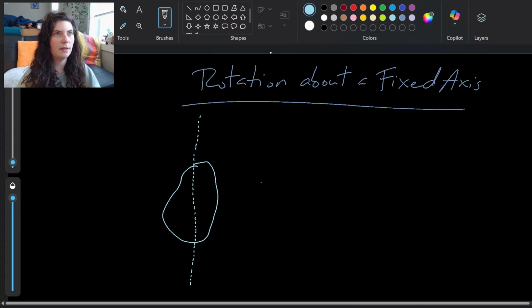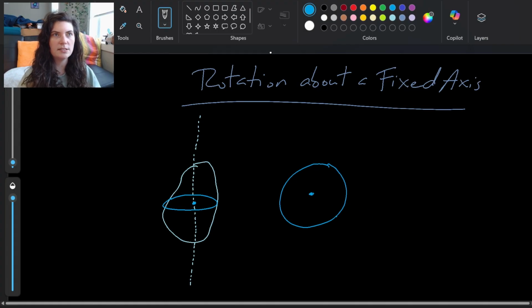It's rotating about this axis, and if I take a little disc from our body to see what's going on with our particles, how this body is moving, I'm going to have this disc that's rotating about the origin, about our center here, our centroid.